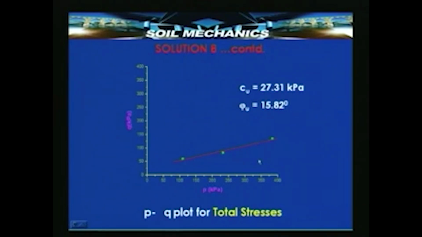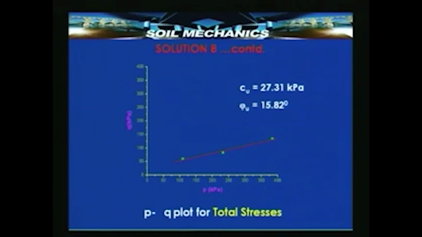So, in this particular problem we get 27.3 kilopascals and 15.82 degrees. This is the situation for total stresses, but since in this problem no pore pressures were known, we can only get total stresses and total stress parameters.